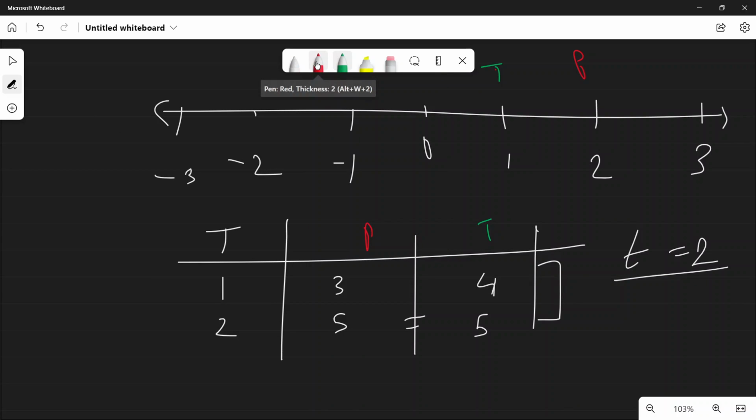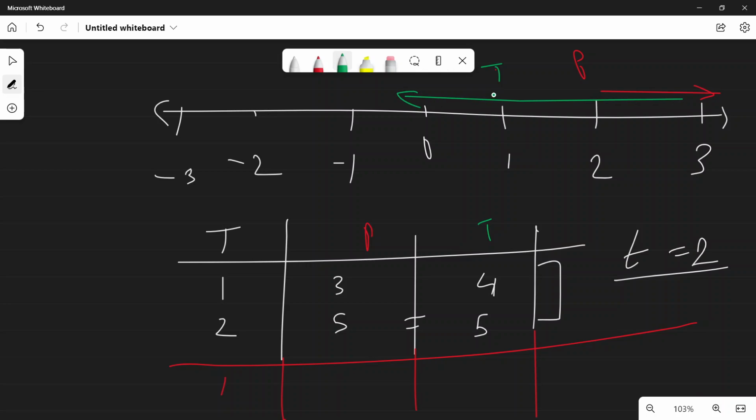First understand this: the policeman is ahead on the number line, so he will not run in this direction, he will run in this direction, and the thief will also run in this direction, because the policeman will be behind the thief.